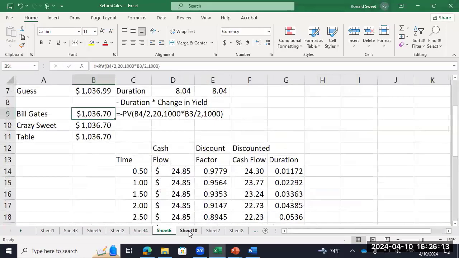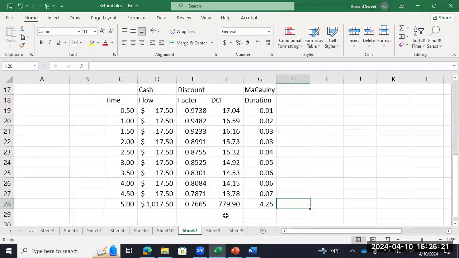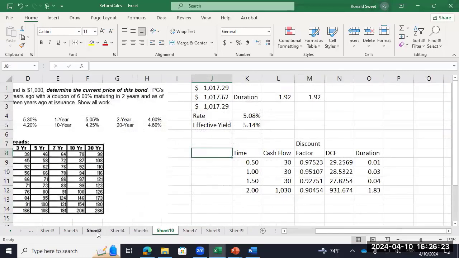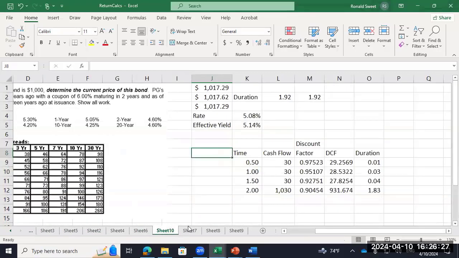Honestly, you can do it anyways, it's really the formulas. Yeah, I don't know where I am here. It's sheet 10. So yeah, it's just a really messy spreadsheet. All right, well, I'll see. I'll try to put something out there.